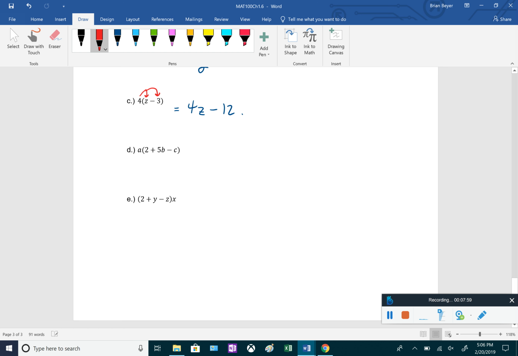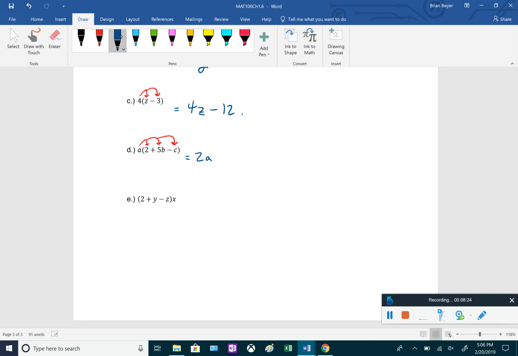Next one, a times (2 plus 5b minus c). So we have to distribute the a into all 3 of those terms. So there's 3 terms in here now. So a times 2 is going to be, we write that as 2a. So we always write the coefficient, the number, first, and then try to write the variables in alphabetical order if they're in the same term.